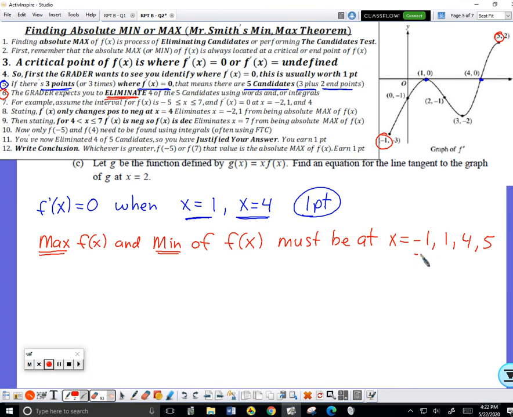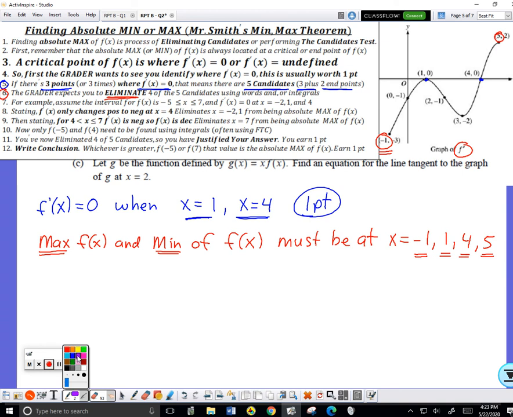I can do that by words and or integrals. Since I don't have a calculator, my preference is words if I can see a good way to do it. And I look at the graph of f prime and see something right away. From x equal negative 1, we write this down.